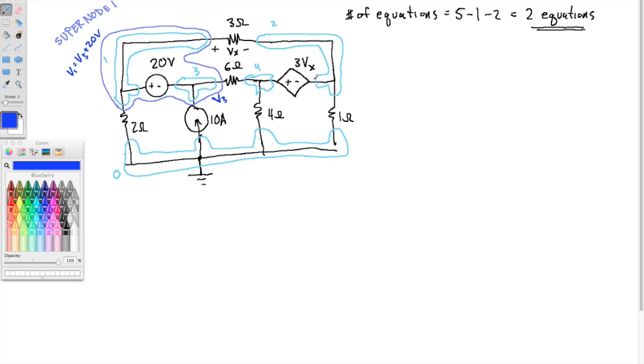All right, and now I have this voltage source. Yes, it's a dependent source, okay, but it's still going to be a supernode. So in purple, we'll call this supernode 2.